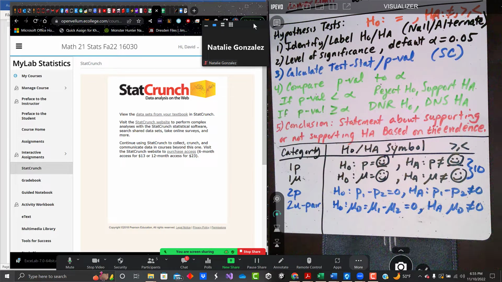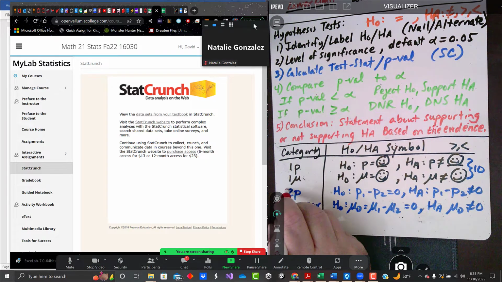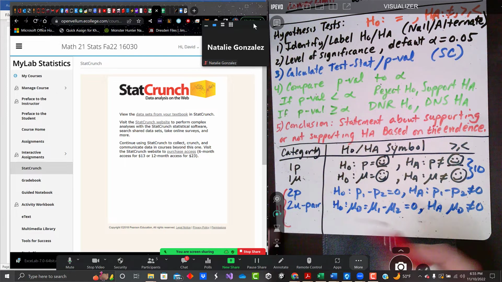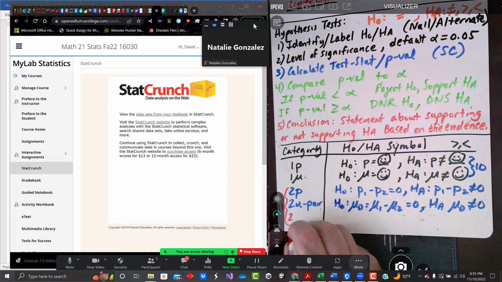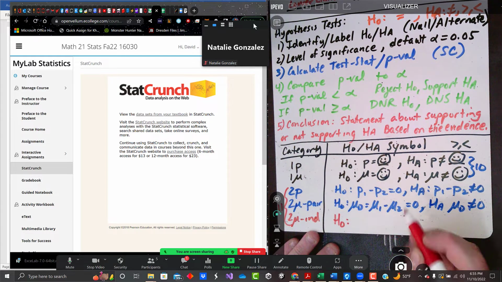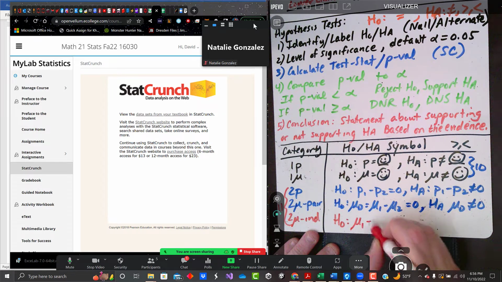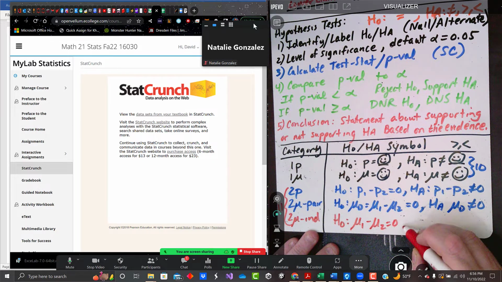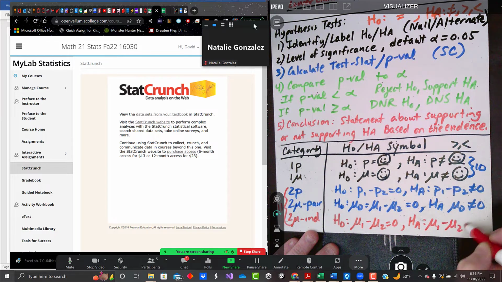That's everything we've done so far. These were chapter 11. Along with the last one that we're doing today, two mu independent. On this one, I don't think they have mu d. I think they just say mu1 minus mu2 equals 0, and HA is mu1 minus mu2 does not equal 0.